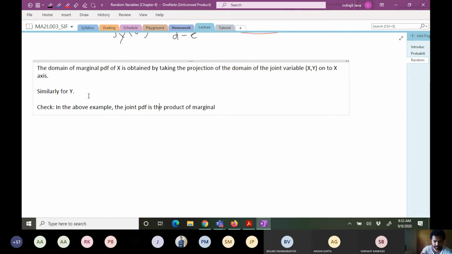Joint PDF of xy is the product of the marginal PDF of x and the marginal PDF of y. Therefore, x and y are independent.